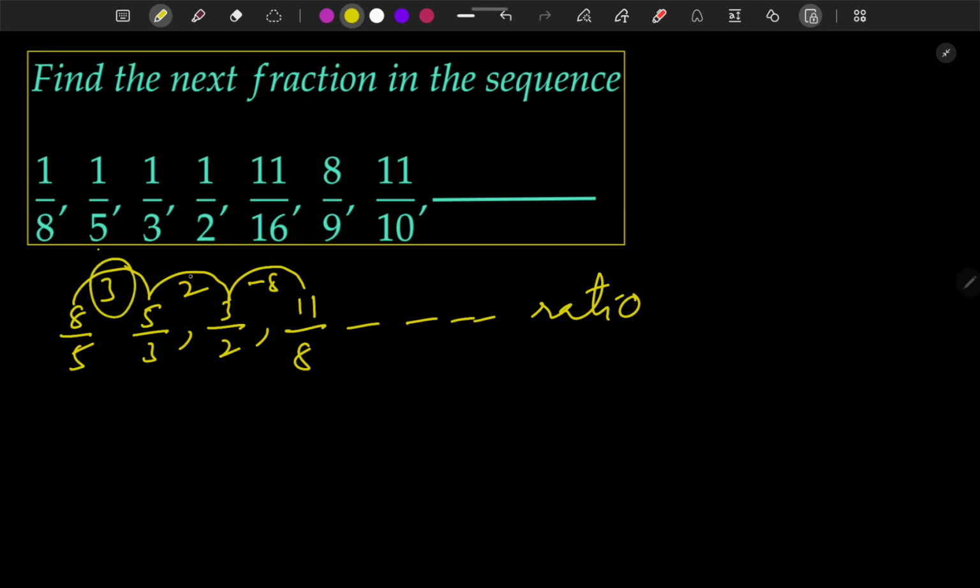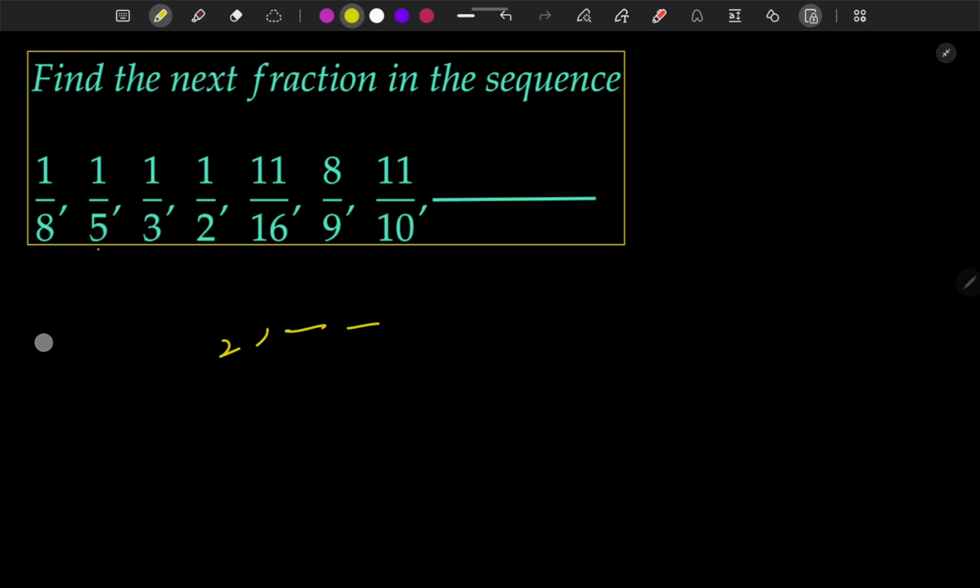Therefore, there is no relation between 3, 2, minus 8. If you see the denominators also, you will not find any sequence. Therefore, this ratio concept also failed. So what to do now? We need to find the exact sequence to find the next term in this fraction.